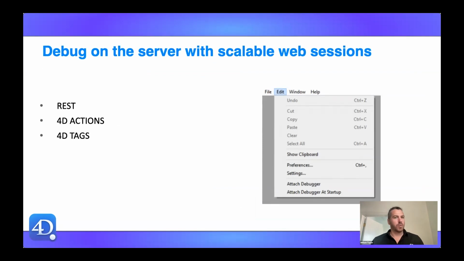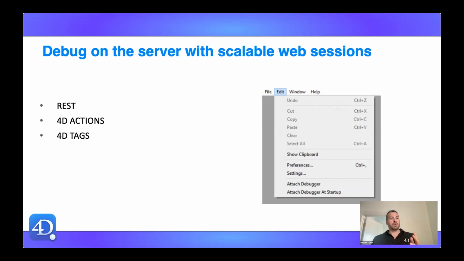Scalable web sessions were a major improvement in 4D v18 R6. It allowed using 4D tags, 4D actions, and REST API in preemptive mode on a 4D Server. And starting with v19 R3, we have simplified this process for debugging on the server side. Now, let me clarify, this is a 4D Server feature.